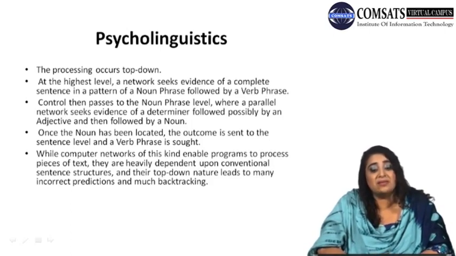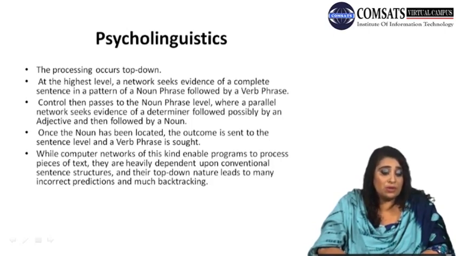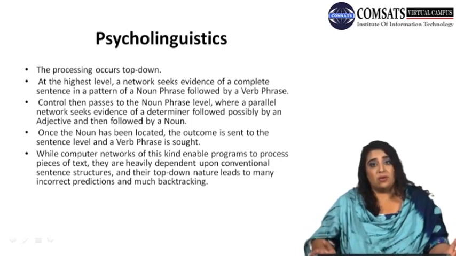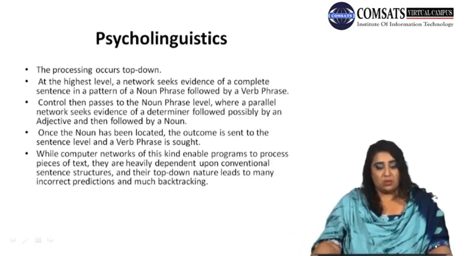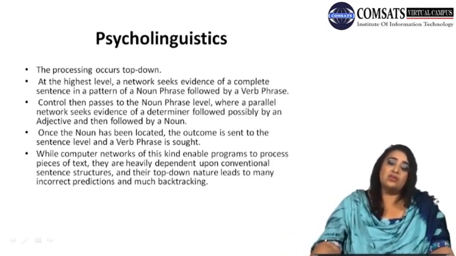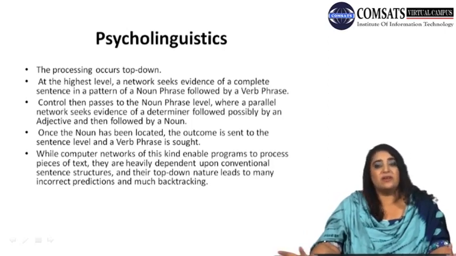Then control passes to the noun phrase level, where a parallel network seeks evidence of a determiner followed possibly by an adjective and then followed by a noun. So once the noun has been located, once we know what the noun is, the outcome is sent to the sentence level and a verb phrase is sought.